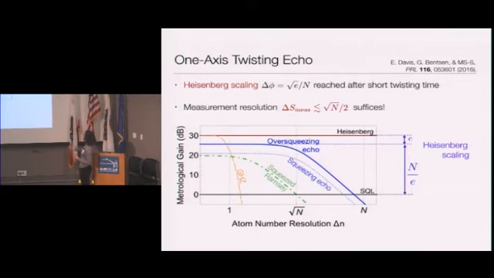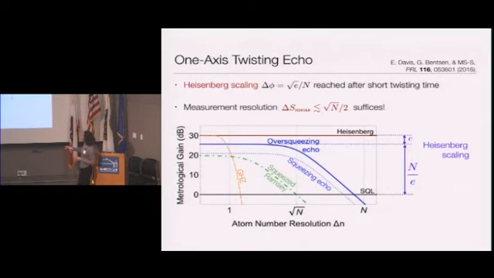It reaches a Heisenberg scaling after a very short coherent evolution time, but importantly also, to detect that state and to benefit from that near Heisenberg limited resolution, I don't need to resolve single atoms. I only need a measurement that has a resolution on the order of the quantum noise of the initial unentangled state.